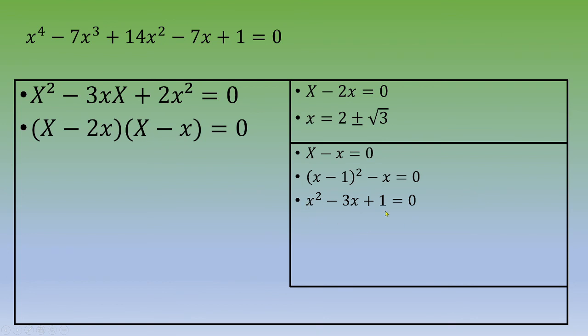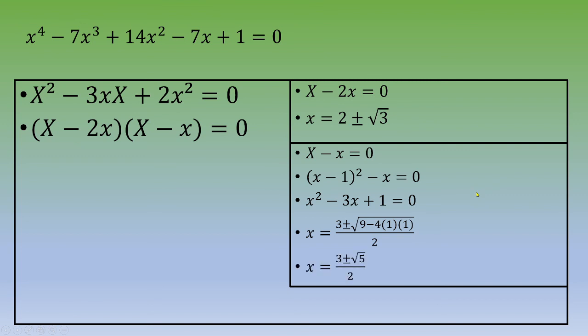Then, with this quadratic equation, you know that roots are x equals to minus negative 3, this is 3, plus or minus square root of negative 3 squared, this is 9, minus 4 times 1 divided by 2.